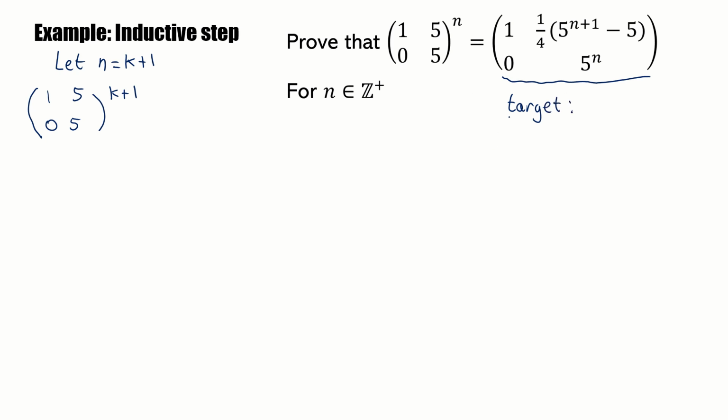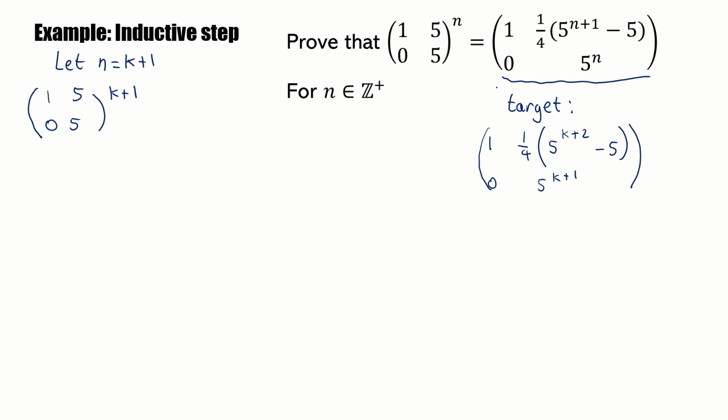And to do that, all you're doing is effectively taking what you have on the right hand side of the statement and plugging in n equals k plus 1 into that. So therefore we have 1 quarter lots of, and it's n plus 1 in the power there, but therefore it's 5 to the power of k plus 1, which is k plus 2 in the power now. And then 0, and then 5 to the power of k plus 1 down there.